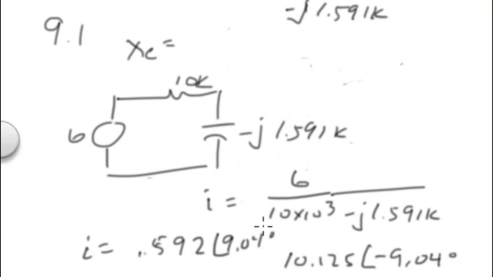Okay, moving along to number 2. For number 2, we have 3K, we have 6K, and then we have 0.02. So here we're really being invited to do a Thevenin of this.